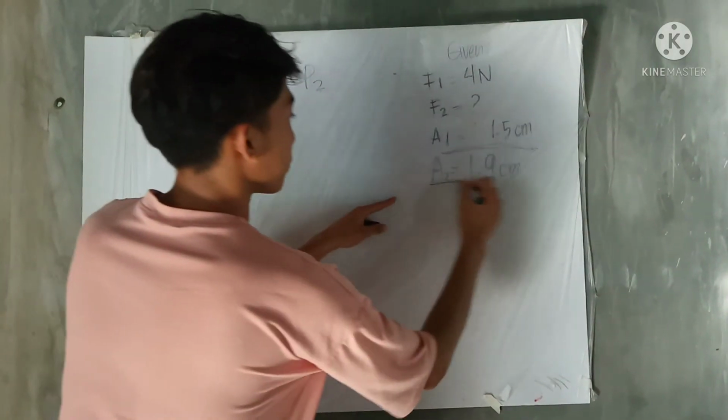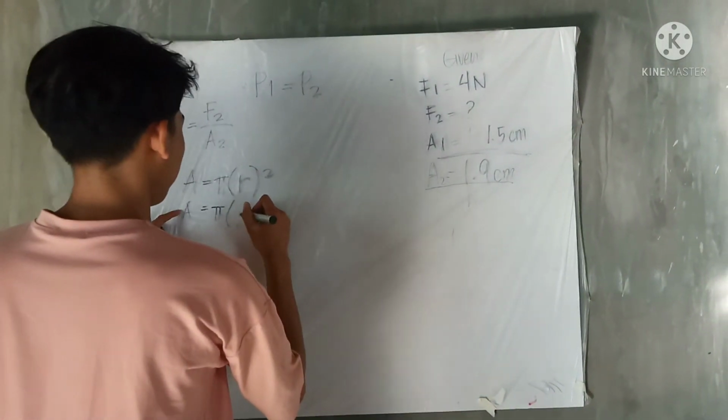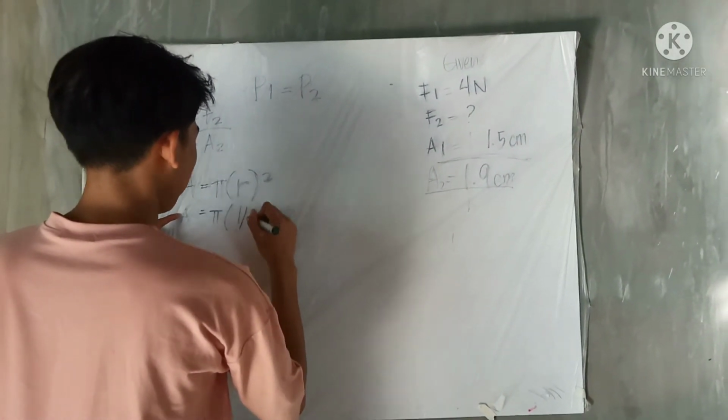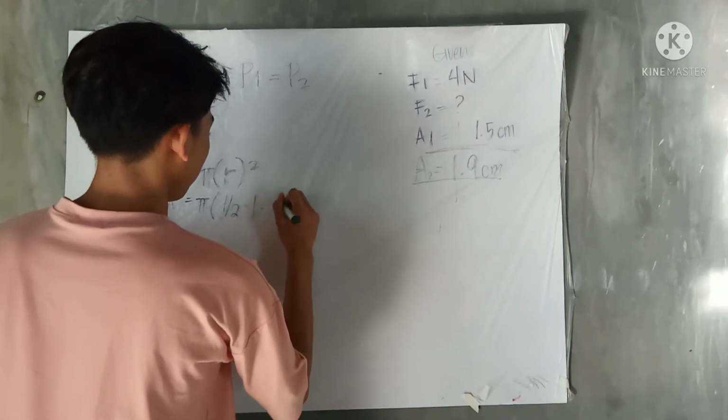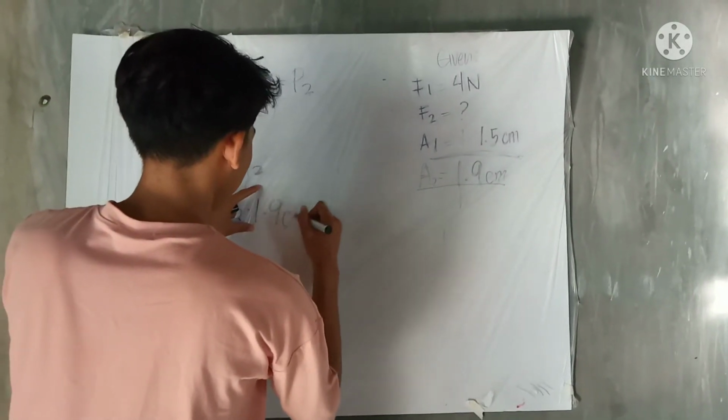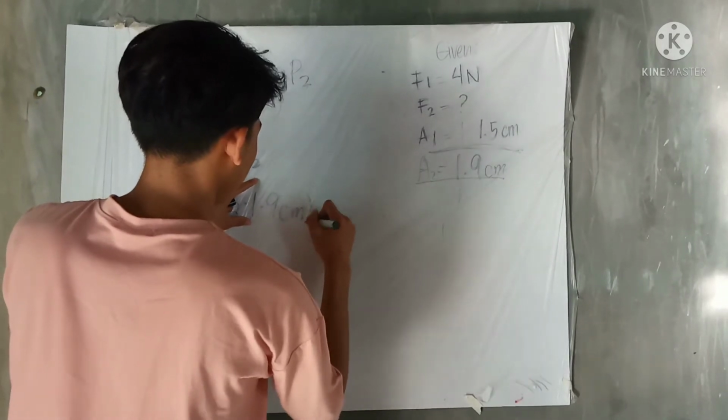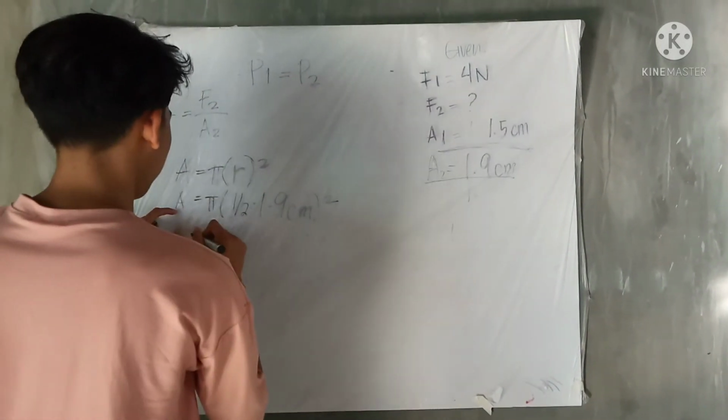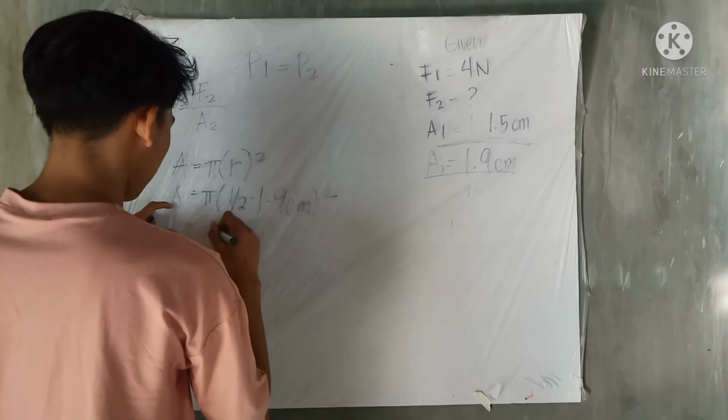Now let's look for the area 2 of the syringe, which is 1.9 cm, using the same process as we do on the first area. Area is equals to pi times 1/2 times 1.9 cm raised to 2.